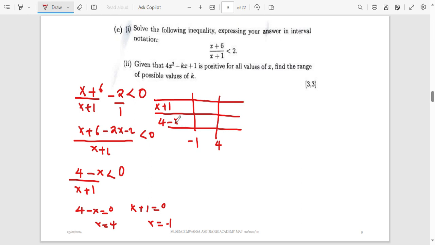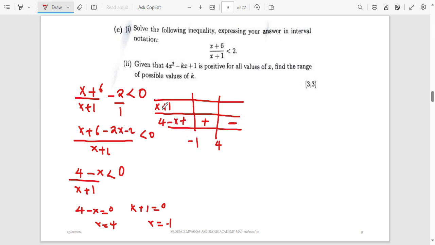So when we equated 4 minus x to 0, we found 4. 4 is going to be the point where signs are going to be changing for that factor. If we get values above 4, for example, a 5, 4 minus 5 is negative. Immediately we cross 4 for that factor to be positive. Get any number less than 4, for example, negative 5. 4 minus negative 5 is positive.